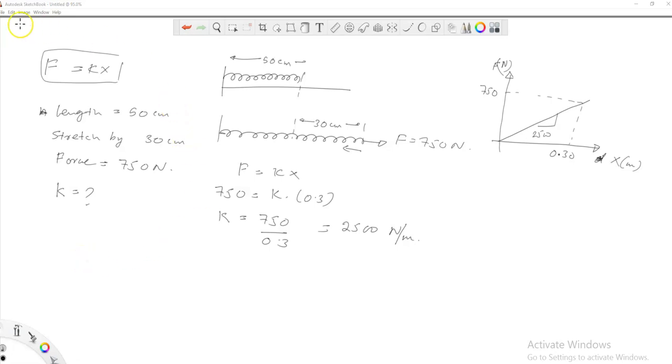Okay, so we talked about varying forces. A good simple example is a spring. Now let's see how work, the quantity work, gets involved in varying forces. So I'm going to clear all this. Going back to the spring, now we know that work is defined as force times distance.